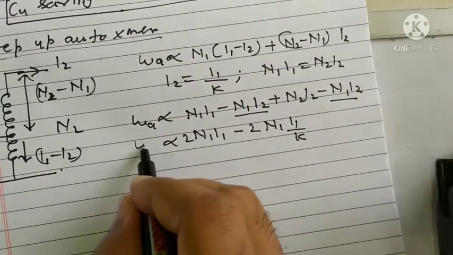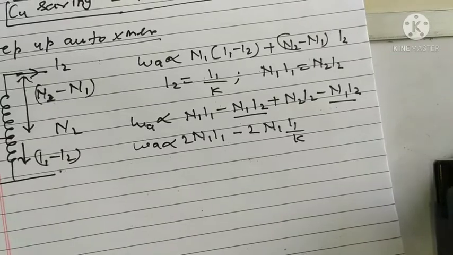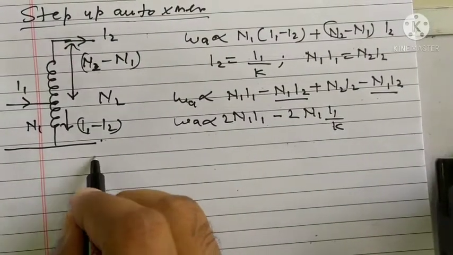So if I take a ratio of this with the two winding transformer MMF, which is fixed, so W auto by W2 winding.